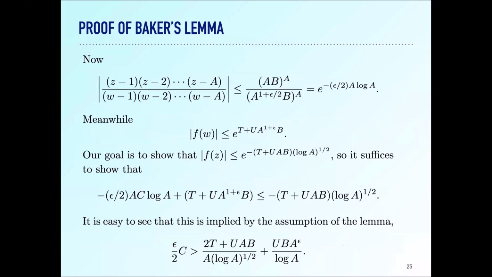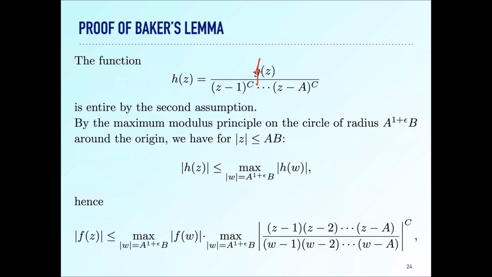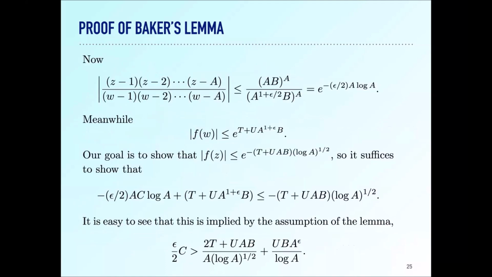Okay. So now we can bound this just because this is on a disk of radius AB, and this W is on a disk of radius A to the 1 plus epsilon times B. So that's why we use a slightly larger disk.